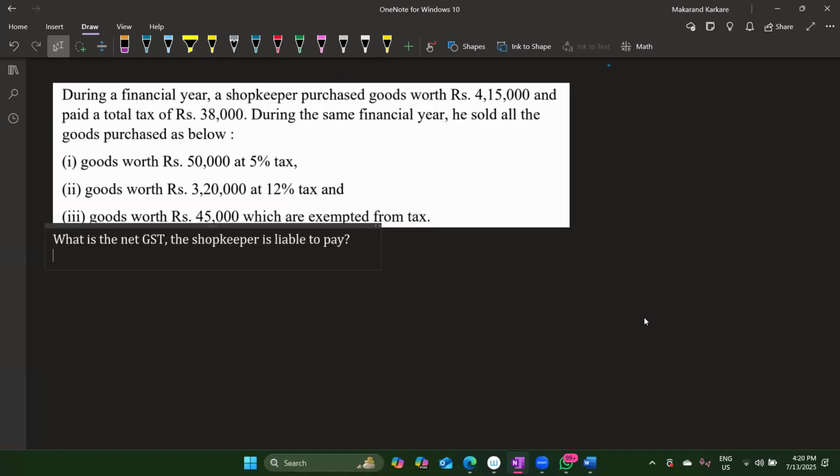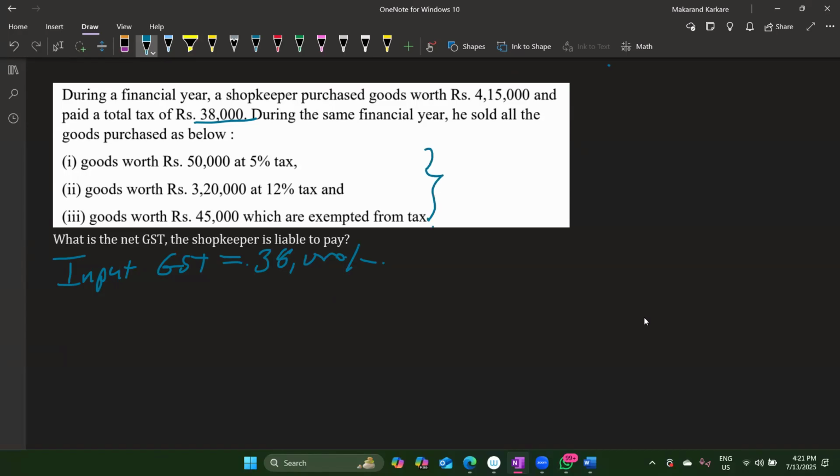So we already know that this is input GST. So input GST is equal to 38,000. Correct? Now this information is enough for us to calculate the output GST.